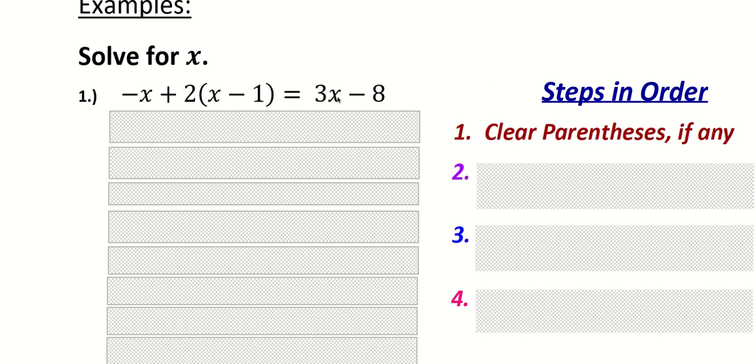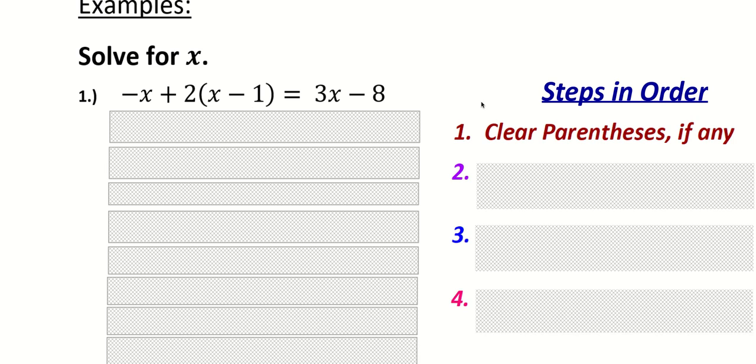So whenever you have parentheses to clear by distributing, whenever you have something times a bubble or any kind of set of parentheses, that's usually what you're going to want to do first. Do you absolutely have to? No, but I really think you should follow these steps religiously to the letter, okay?